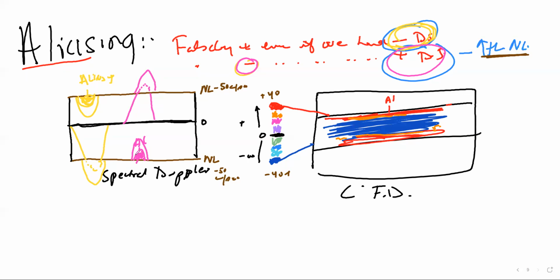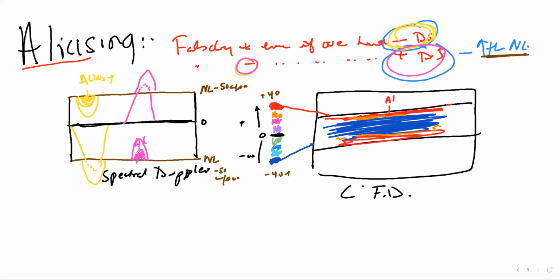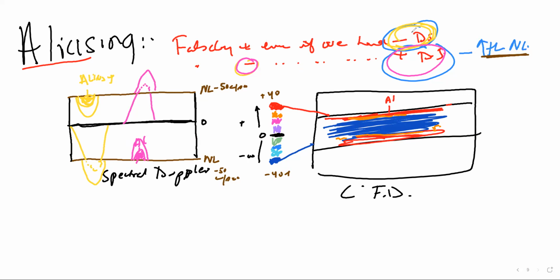What does it say in the red? What was aliasing, my dear? That we falsely have a positive Doppler shift, even though the actual Doppler shift was negative, right? Right, thank you.